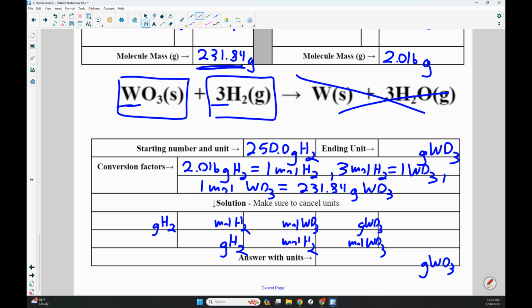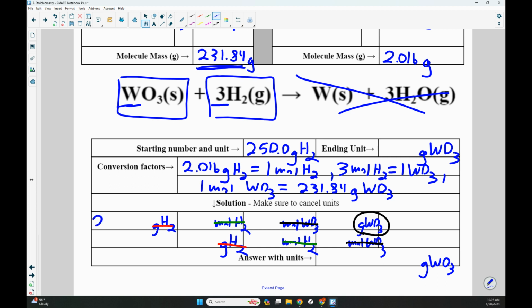So I arrange all the units like that so that I can cancel them out. Here we can cancel out grams because they appear in the diagonal. And here we can cancel out moles of H2 because they appear in the diagonal. And next, I can cross out moles of tungsten oxide, and that leaves me with grams of tungsten oxide. So now we just have to plug in the numbers.